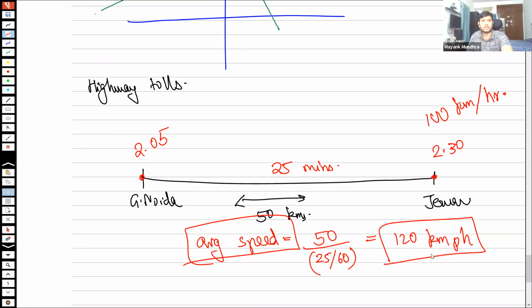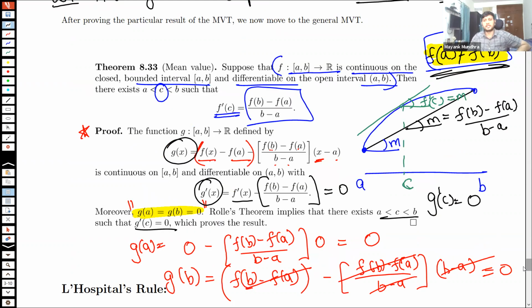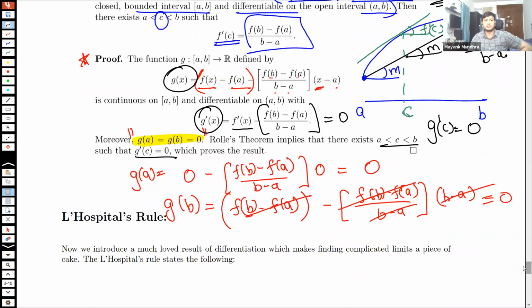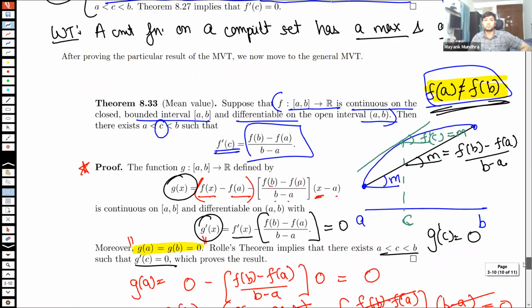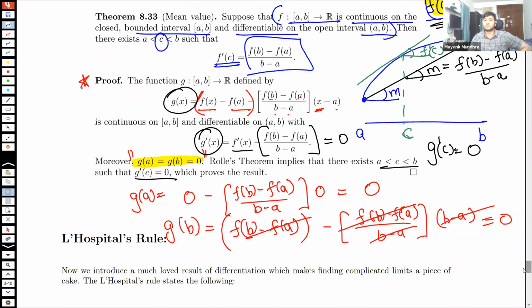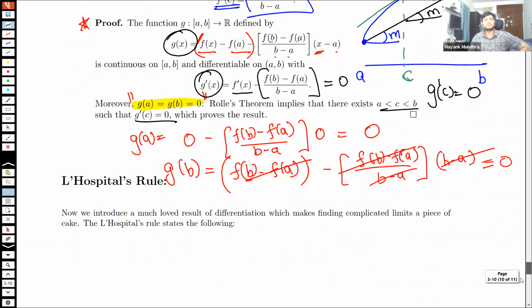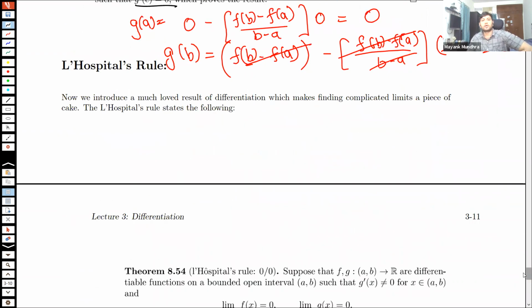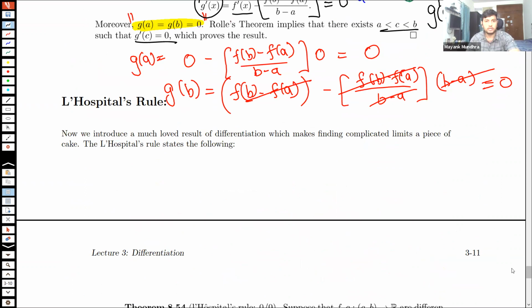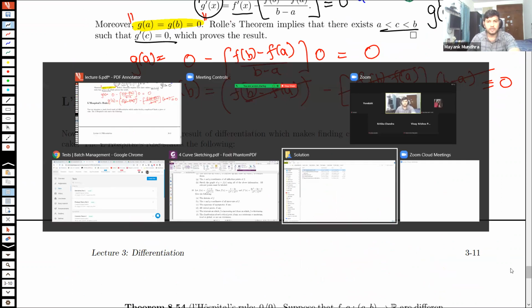Okay, so that's a very interesting application. It's no longer relevant for our world of speed cameras, but yeah, that's your mean value theorem. All right, so that wraps up the mean value theorem.